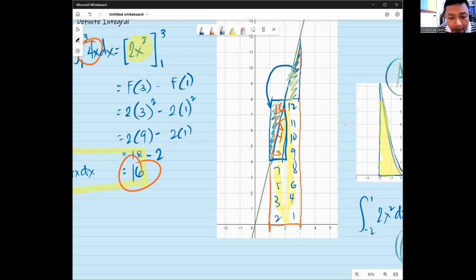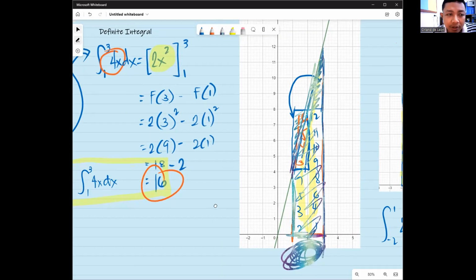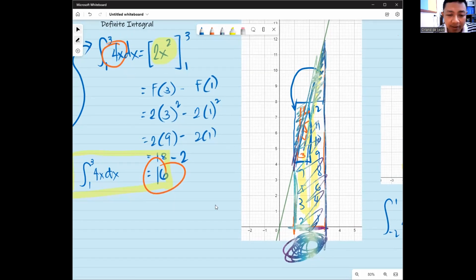Ito yung x-axis. Oh. Here's our x-axis. This is our boundary. And this is our given function. So this is the only area that we considered. We did not even consider this area here below the x-axis. Can you follow? Simply because that's what we mean when we get for the area for the definite integral. So that's clear.